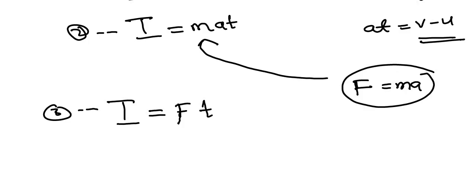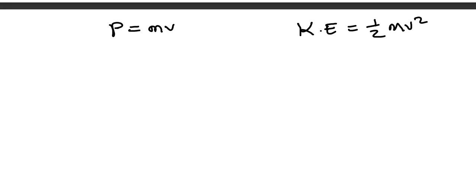Now back to our momentum. We just said momentum is this. Remember this. You also know that kinetic energy is equal to half mv squared. Then we can modify this equation for it to look exactly like this one here. So I can first of all square both sides, meaning this is going to be p squared, m squared, and v squared.